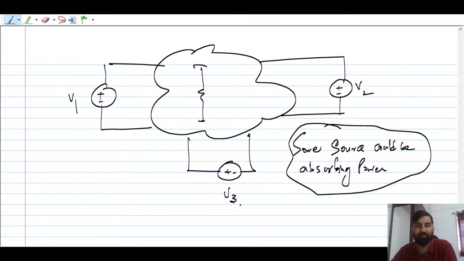So let us take one very easy question. Suppose we have got a single resistor connected here. There can be many resistors connected in different elementary connections like parallel combination, so we just find R equivalent, and there are many sources.